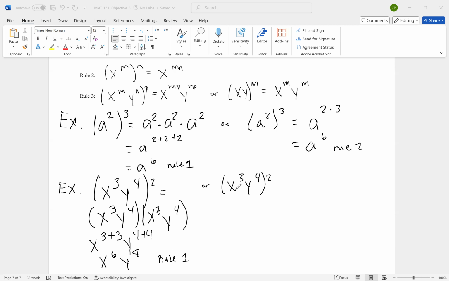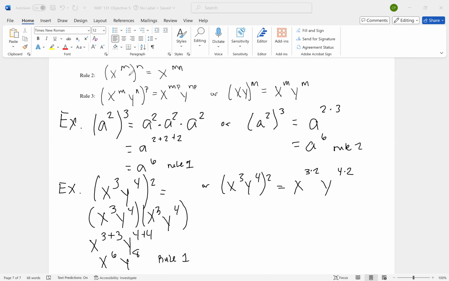So if we want to do rule number 3, pay attention to how we are starting from the point where we have exponents to an exponent. We can do rule number 3. Based off of rule number 3, we will have x to the 3 times 2 and y to the 4 times 2, okay?